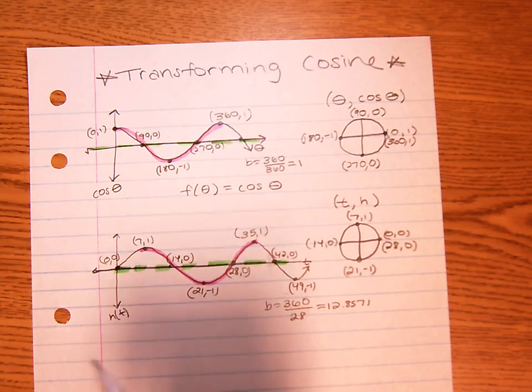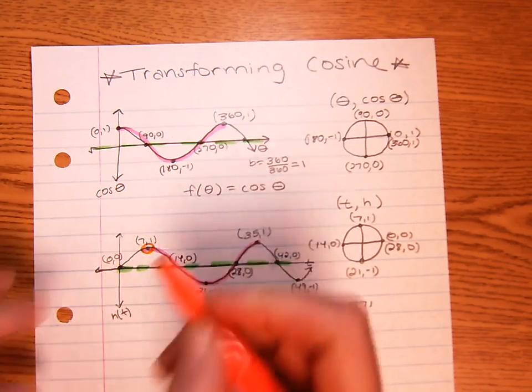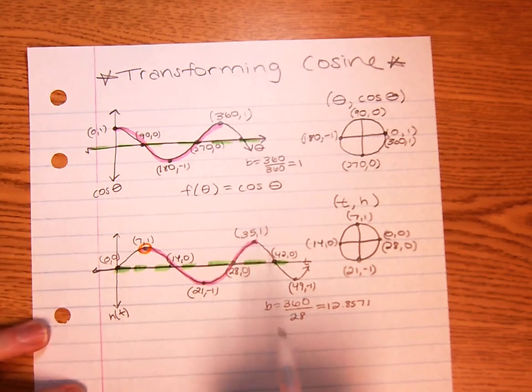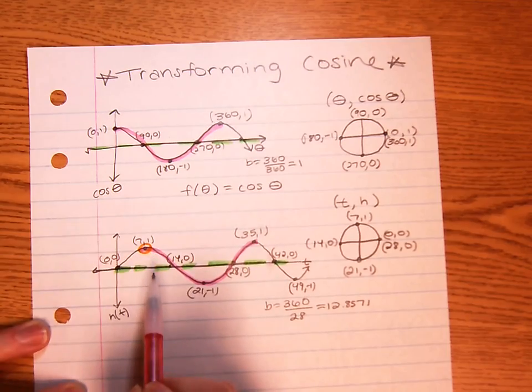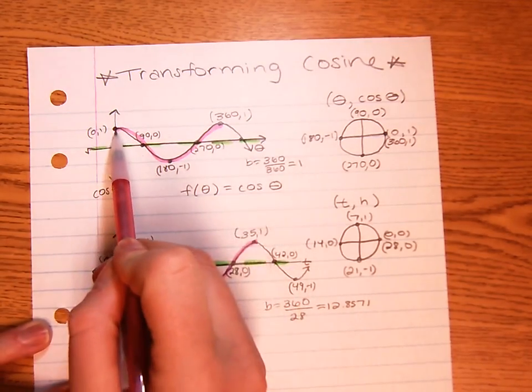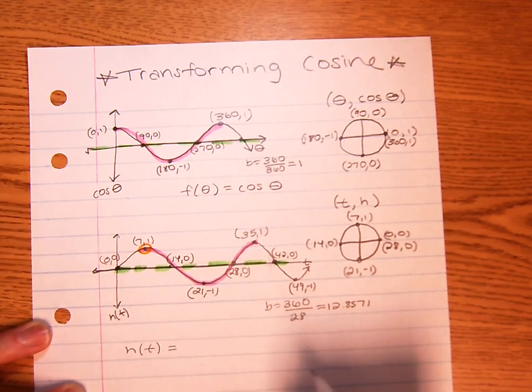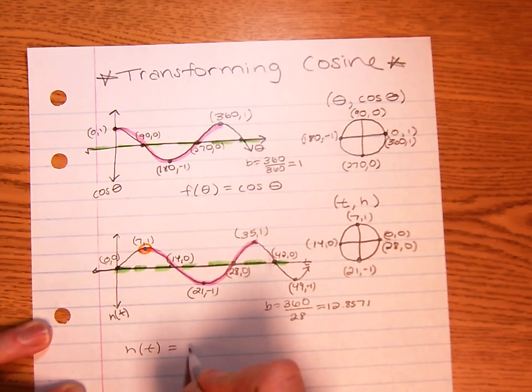So now if I choose to start my phase shift at this point at 7, 1, again, I don't need to put a reflection over my x-axis or in front of my a value, because in the parent function, I start at a maximum point. So I can model Kermit's ride on the paddle wheel with just a positive a value.